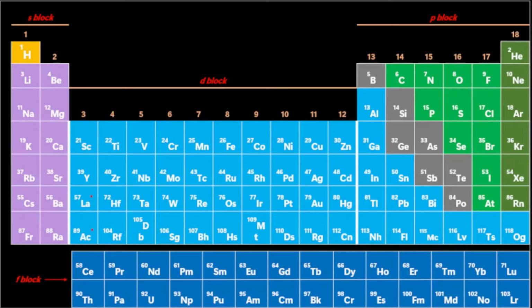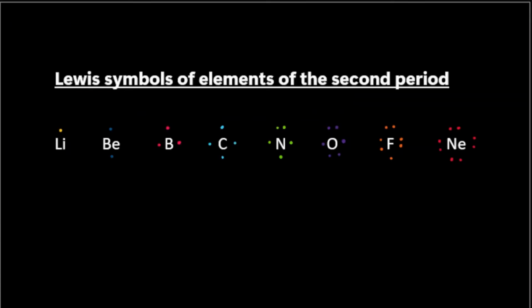So here you can see the Lewis symbols of elements of the second period. The second period elements are lithium, beryllium, boron, carbon, nitrogen, oxygen, fluorine and neon. Here the number of dots indicates the number of valence electrons. In the case of lithium there is only one valence electron, so there is only 1 dot.